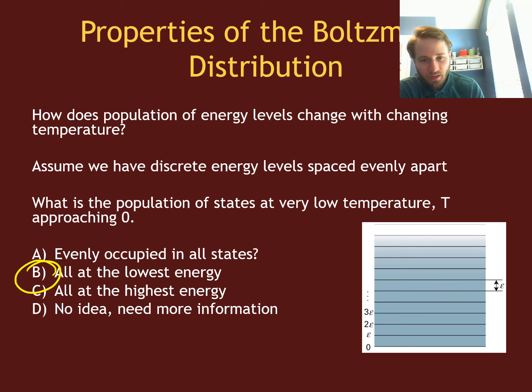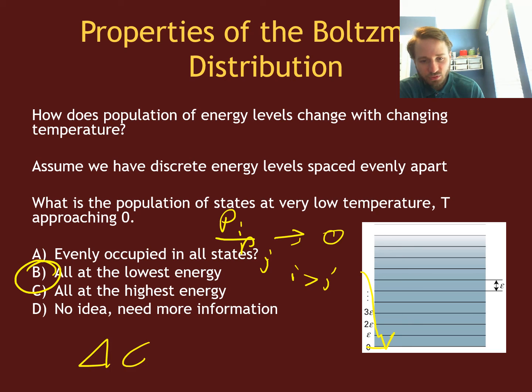You can get that from the probability of state i over the probability of state j, which goes to 0 for essentially everything where i is greater than j. And so the energy flows downhill to the lowest energy state.